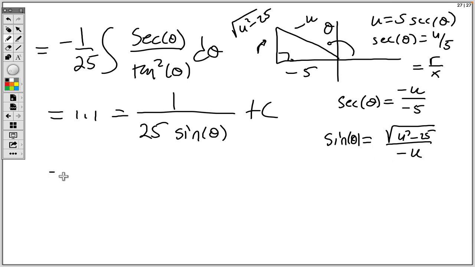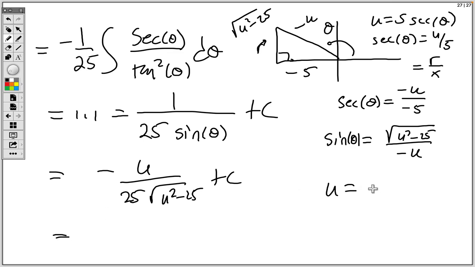So look what happens when you flip that over. So we get a minus u over 25 square root u squared minus 25 plus c. So then that negative comes back.